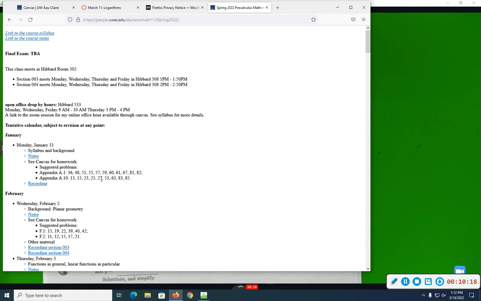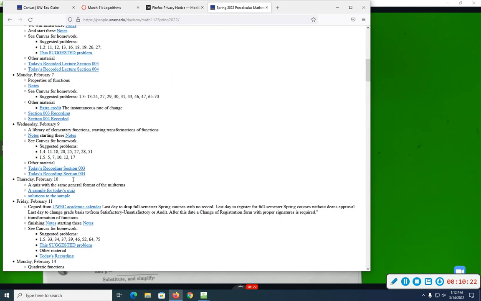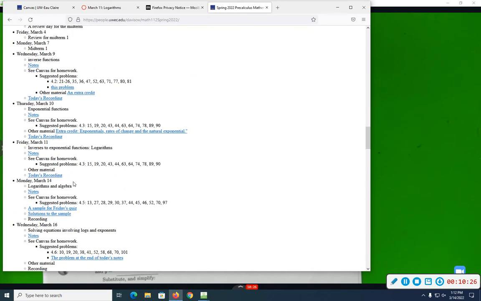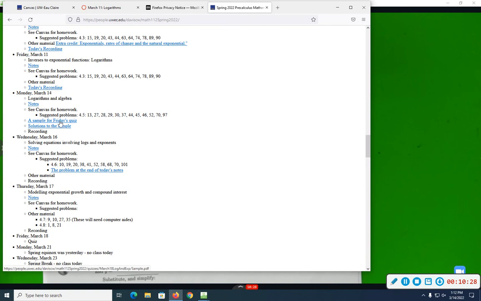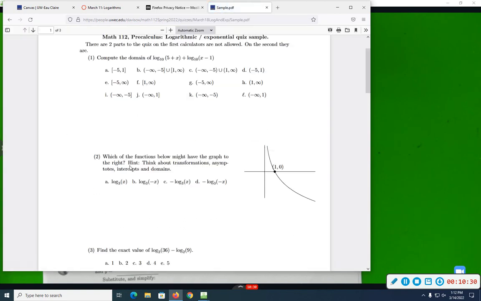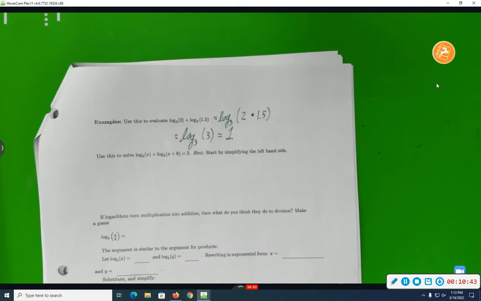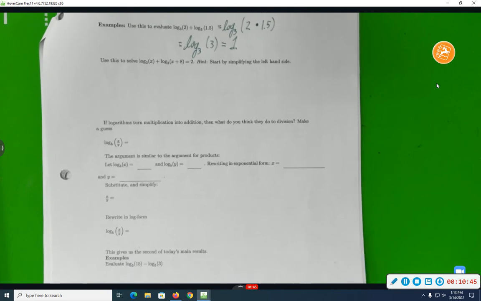And lots of people have already, which is fine, but now I'm telling you not to. The thing that I'm pointing out now, because it's relevant, is there is a sample posted for that quiz. Does that problem look kind of like it's similar to this problem? Yeah. So the ideas I'm doing today will come up on that quiz. There's something to think about. There's also solutions to that sample posted.